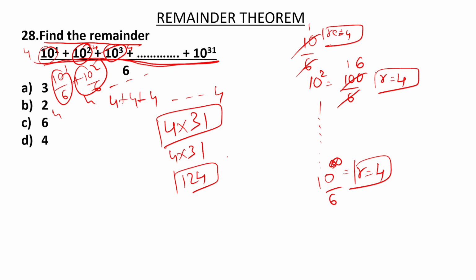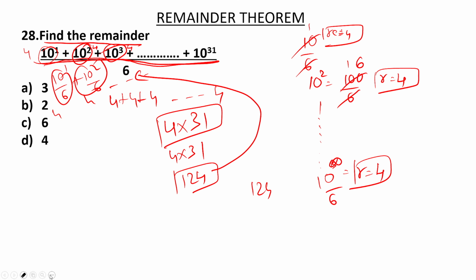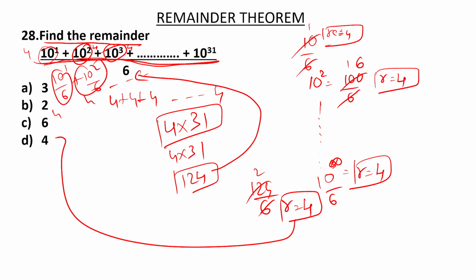Since the 124 value is way bigger than the remainder here, we are simply going to divide 124 by 6 again. 6 2s are 12 and now we are finally left with a remainder 4. 4 is our final remainder and here is the answer.